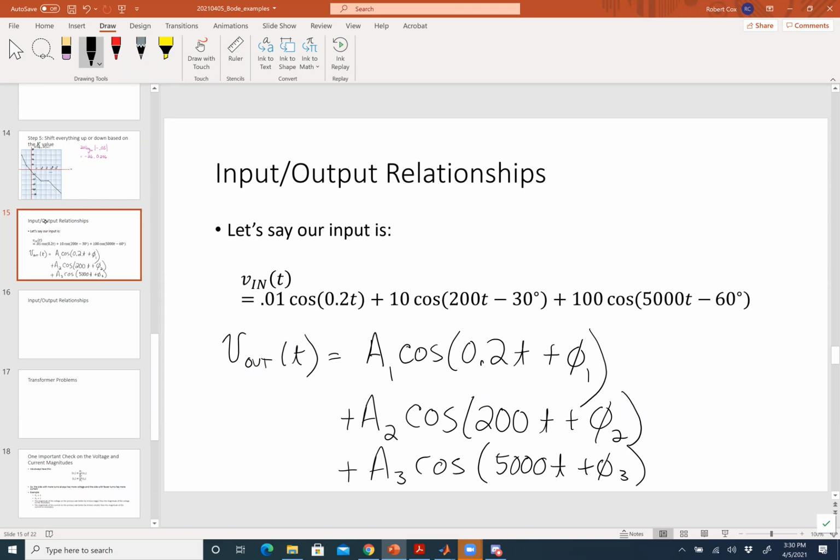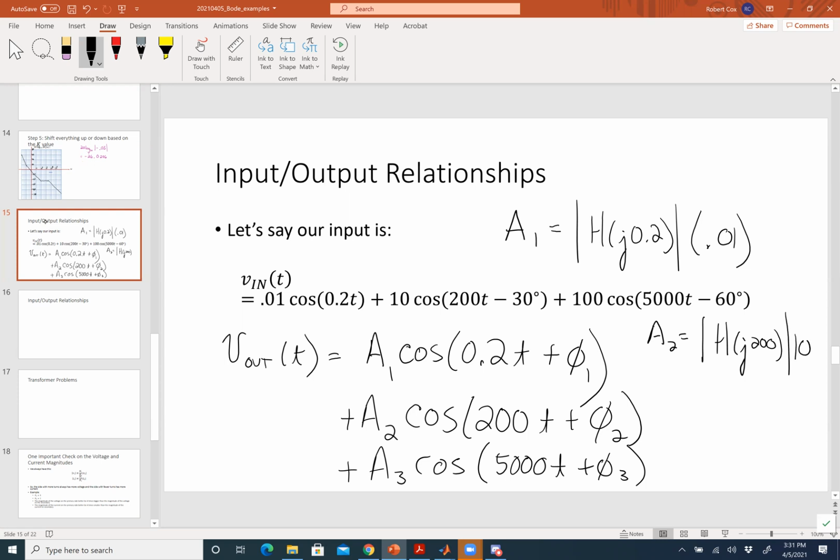So A1 is the amplitude of the output at that frequency, 0.2 radians per second. I would say that is the magnitude of the transfer function at 0.2 times 0.01. And A2 would be the absolute value of the transfer function at 200 times 10.